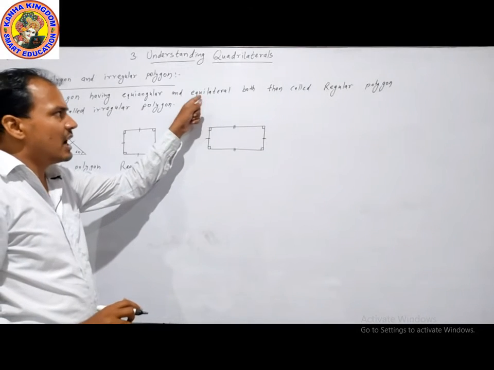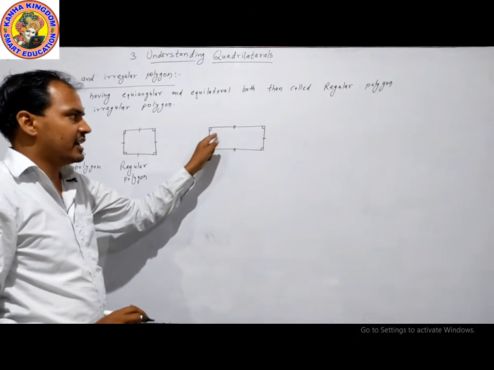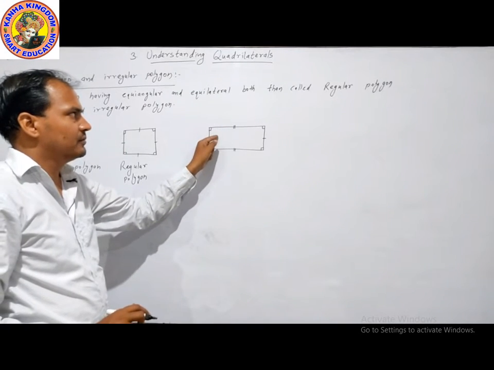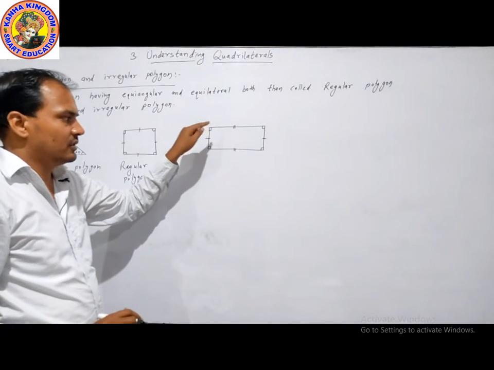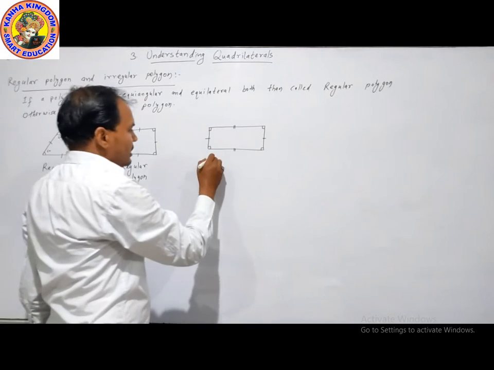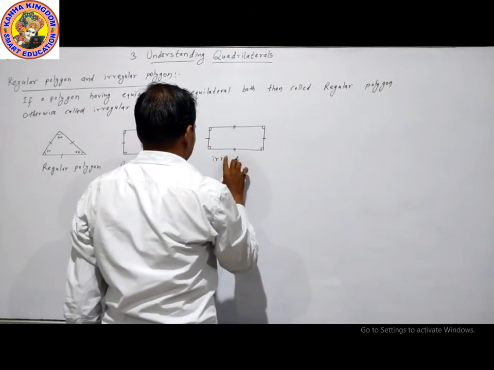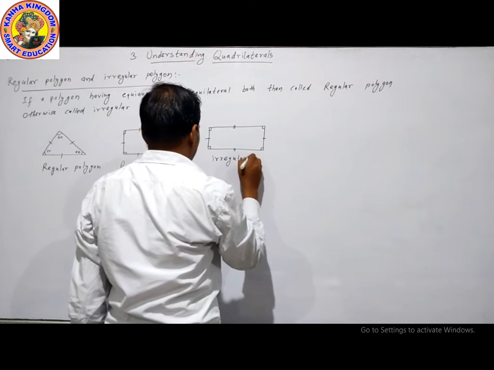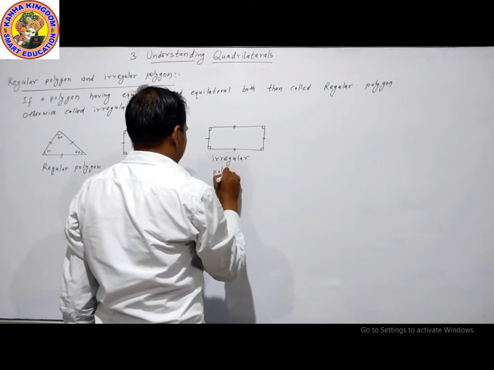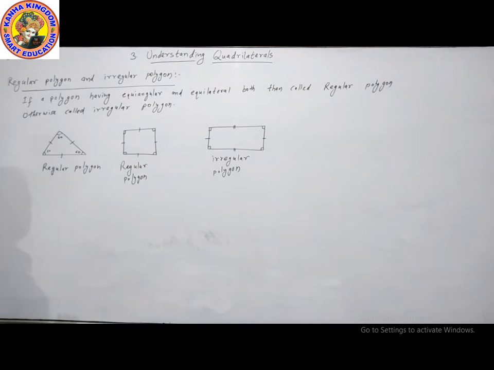Equilateral means all sides will be equal. This and this side are not equal, so this is not equilateral. So this is an irregular polygon.